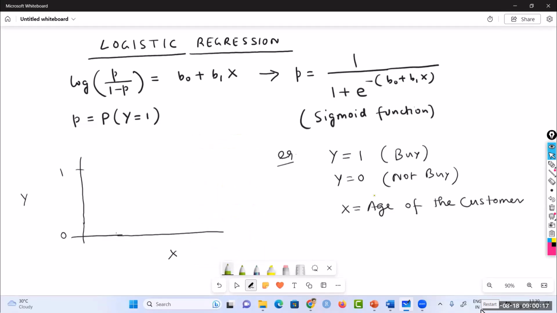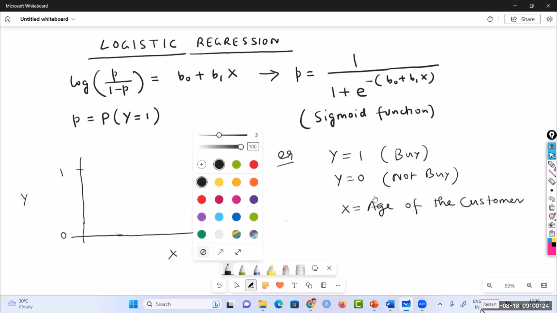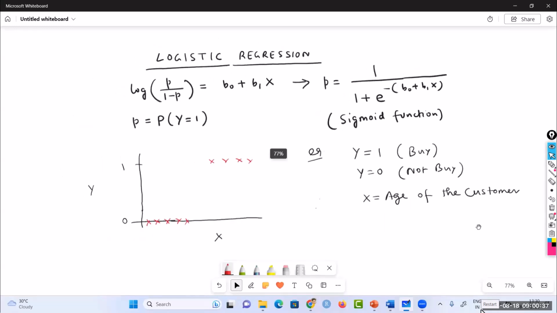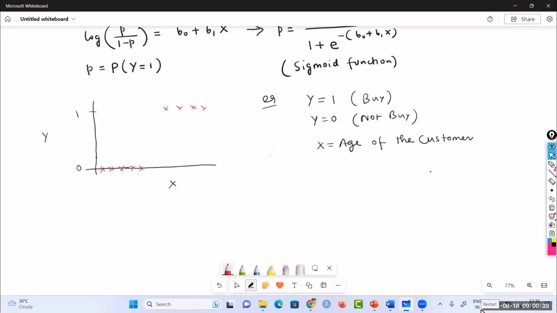And here I have these data points. Let me write these data points. I have a few data points here and a few data points here. If I look into my data set, I have my x variable, which is my age, and then my y column.